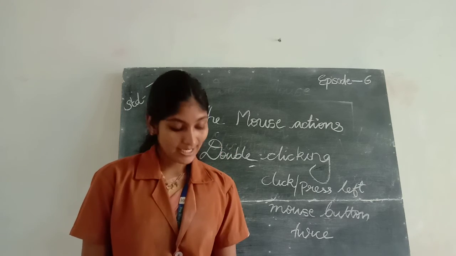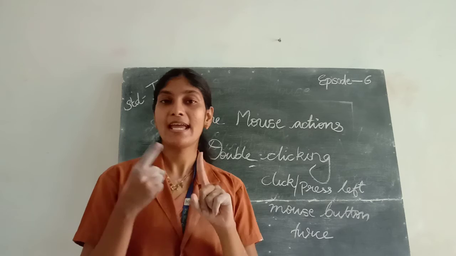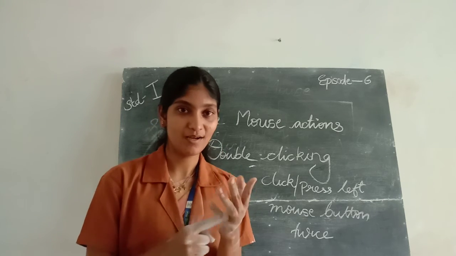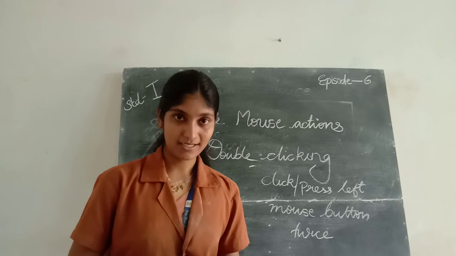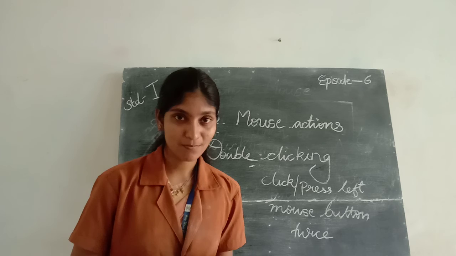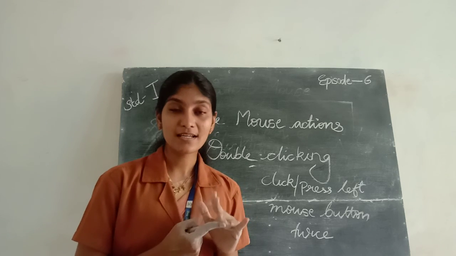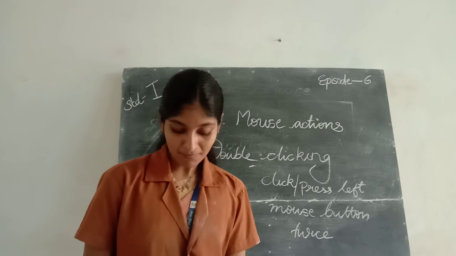Then next is holding the mouse. We know this is thumb, index finger, middle finger, ring finger and pinky or little finger. So you can place index finger on which button? Left button, and middle finger on right button. And also we know the thumb and ring finger are on the sides of the mouse. So you have to remember that.